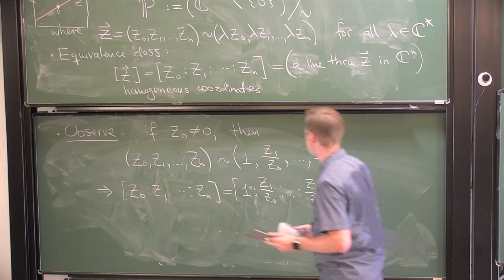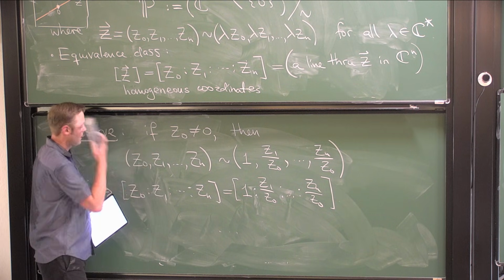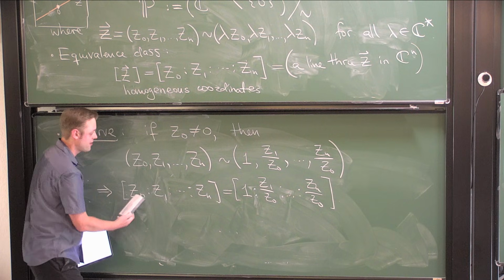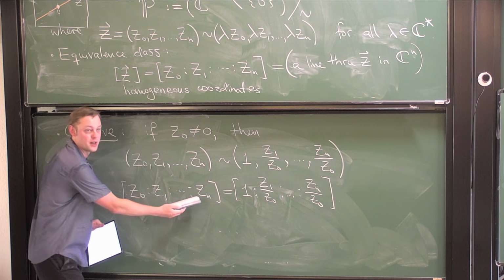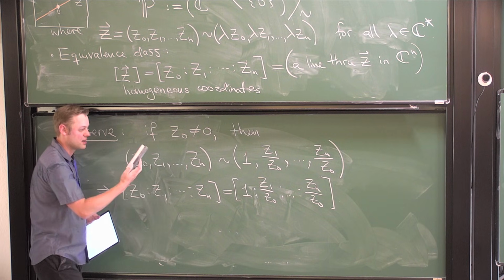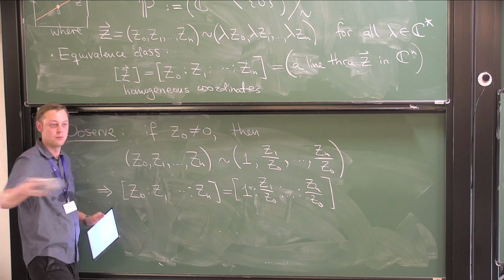And the cool thing is that when I write homogeneous coordinates like this, I have n plus 1 complex numbers that I need to give you. But that data is ambiguous because I can rescale them all by lambda, right?